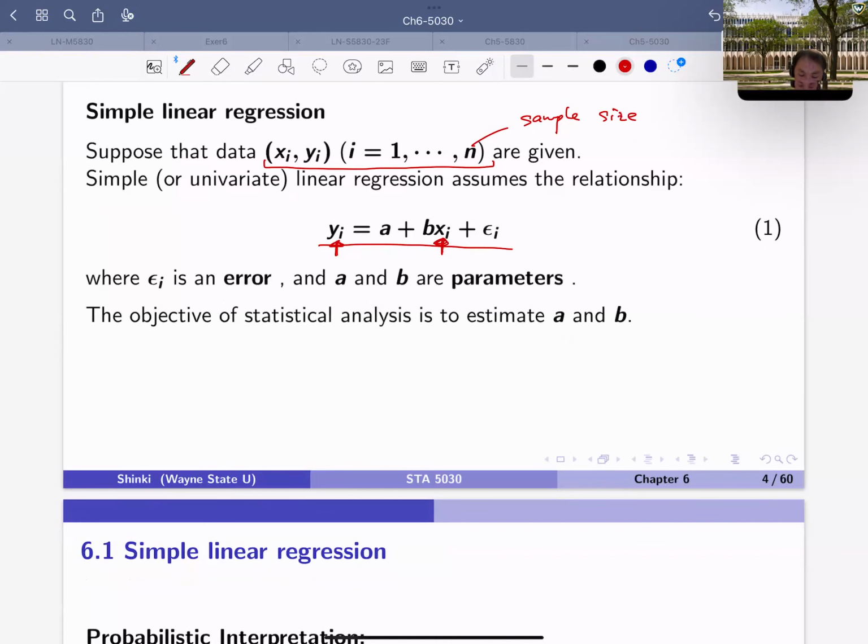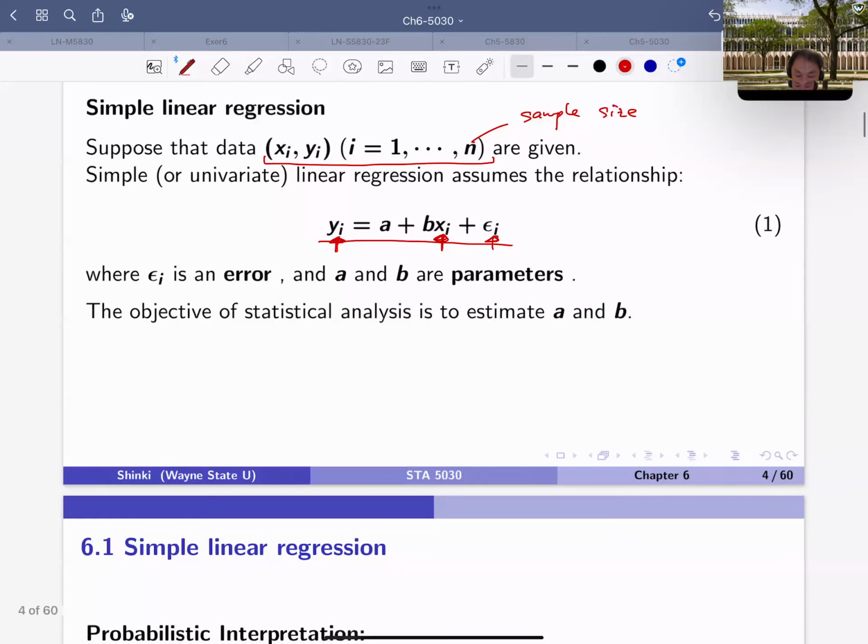So x and y are observed, and a and b are called parameters, a kind of true relationship between x and y. And epsilon i is called an error. Some other factors come in, maybe genetic reasons, the temperature of the cage, or other environmental factors that affect the weight as well.